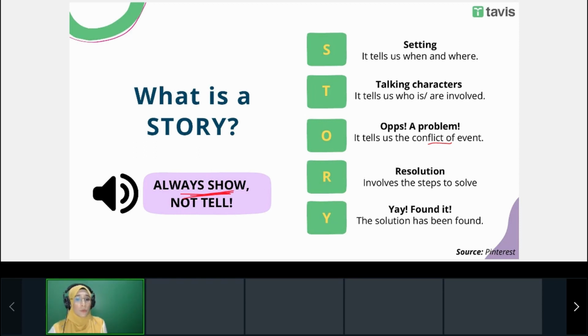So you have to explain a little bit what are the steps to solve. So how can we solve this particular conflict, or how can we try and find a solution to the problem that came before? And lastly, yay, we found it. So we have got our solution.